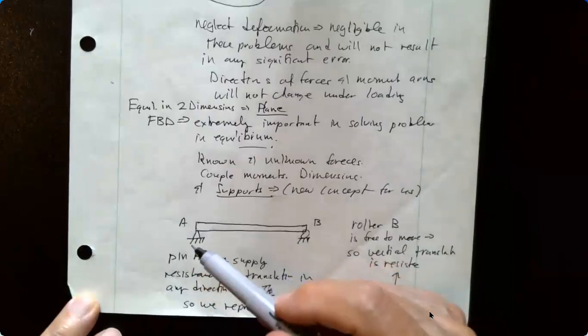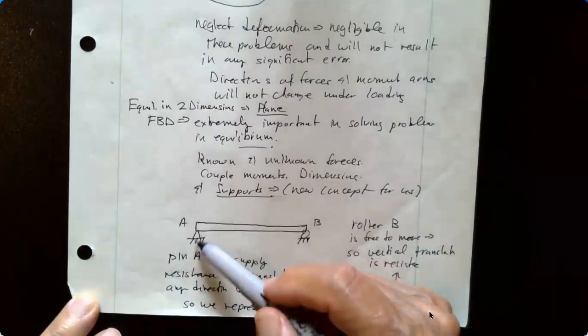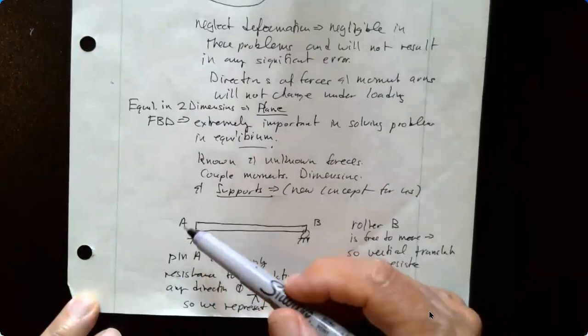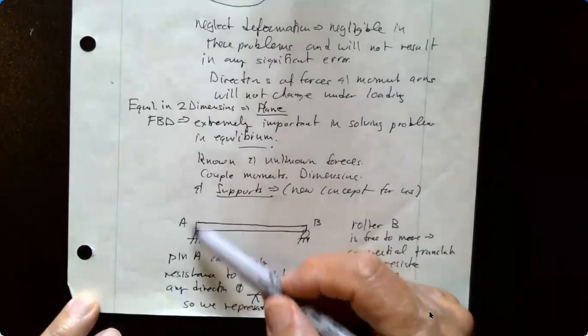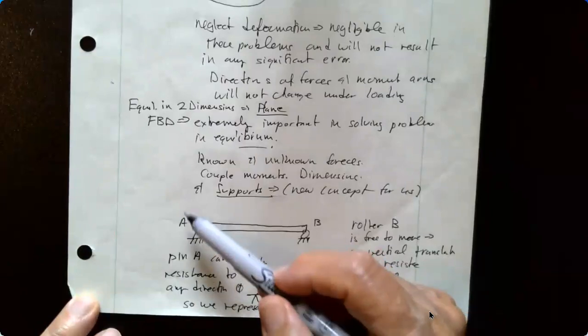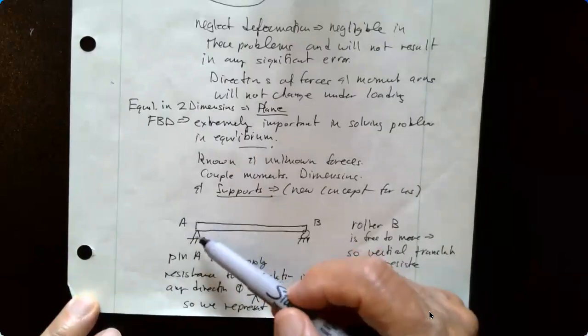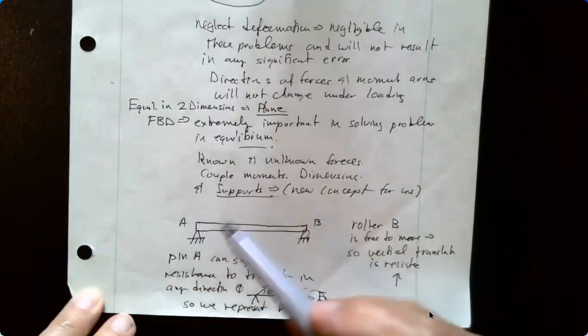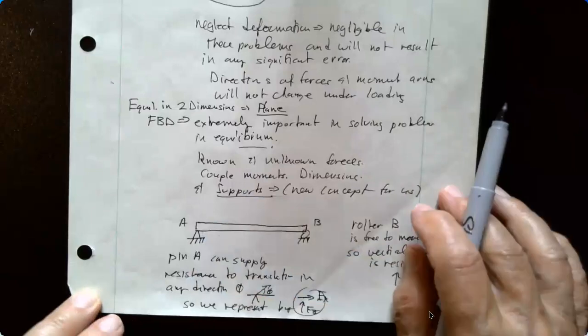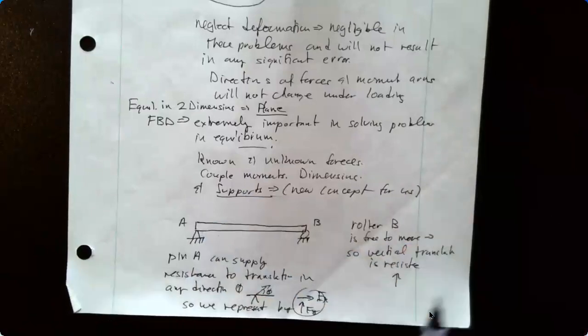It will also supply a Y direction resistance, a reaction in the Y direction that's going to resist translation in the Y direction. If you add those two together, you get a single vector quantity that tells you which direction this thing would actually move if it could move. But what we will simplify, because we're working with planar, is we're looking at X and Y components at pin A. So pin A has two components of reaction.